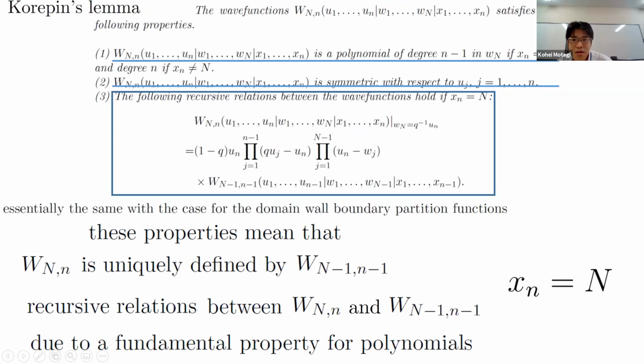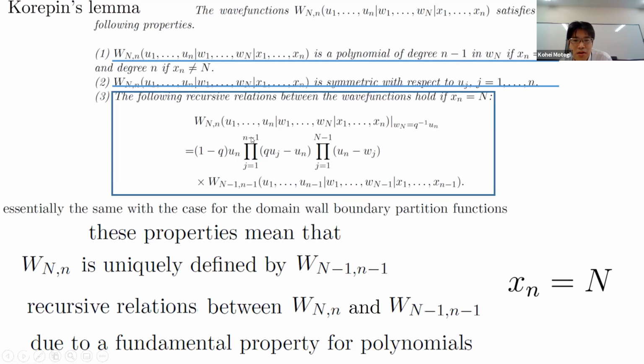The first property is that this partition function is a polynomial of degree small n minus 1 in W large N if x n is equal to large N. And the second property is that this partition function is symmetric with respect to the Uj's.